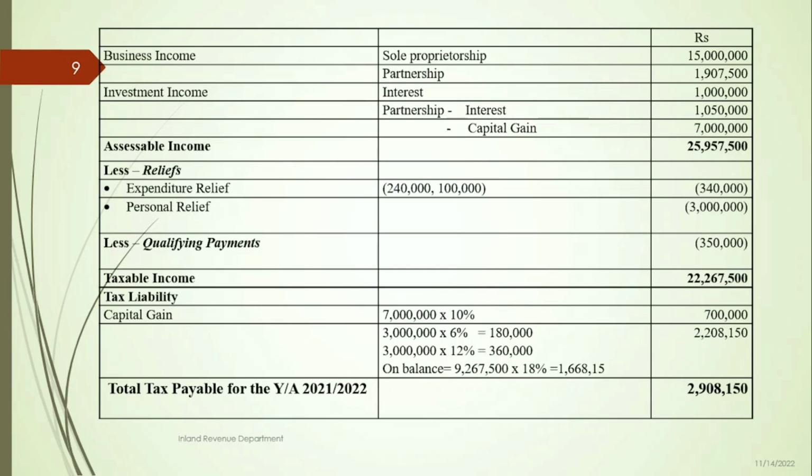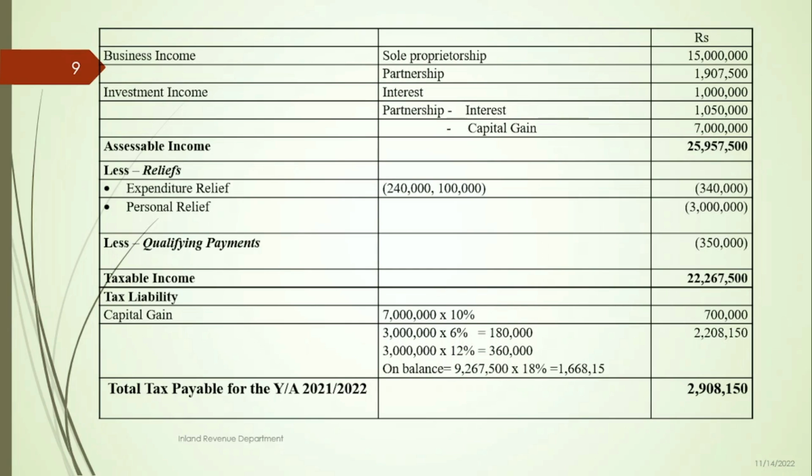Interest income of her bank deposits is 1 million, and from the partnership as interest her share is 1,050,000 and capital gain share of a partner is 7 million. Total assessable income is 25,957,500. From that assessable income, she can deduct expenditure relief plus personal relief, that is 340,000 and 3 million.